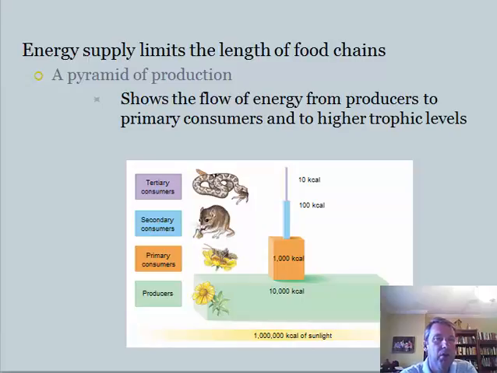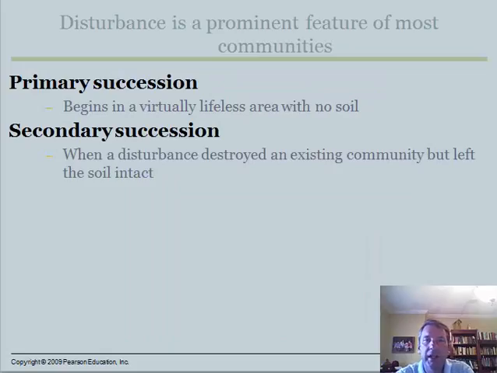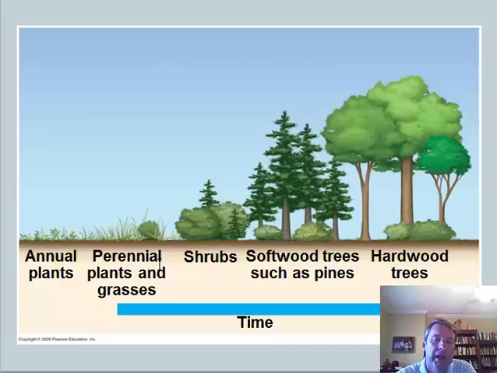Succession, if it's happening originally, is called primary. Secondary succession is when there's some kind of disturbance that wipes out a community and it has to start over, basically. And here are our succession stages.